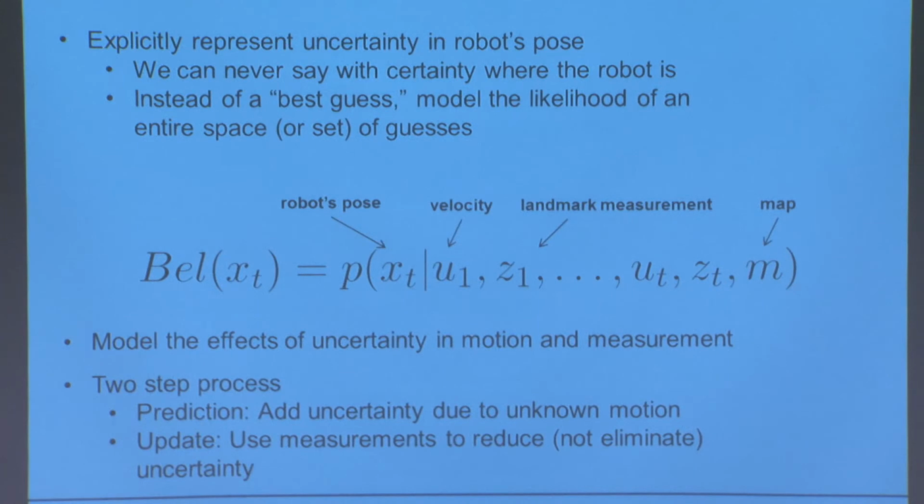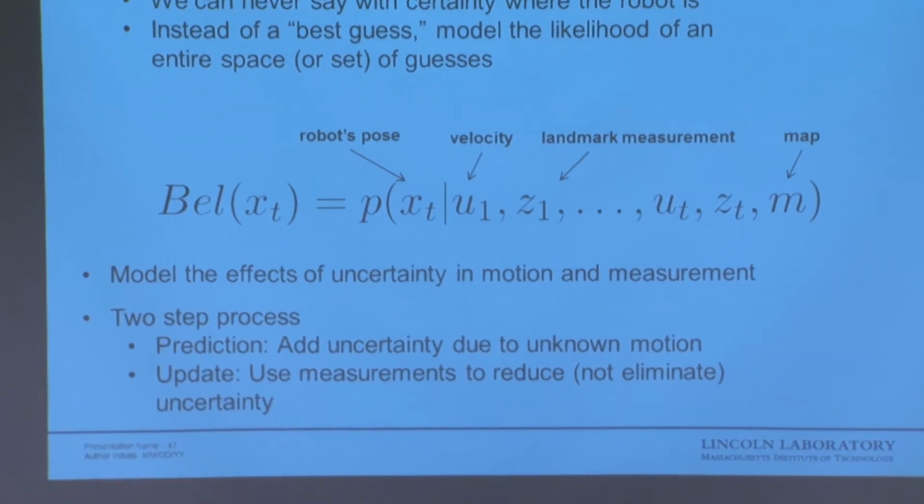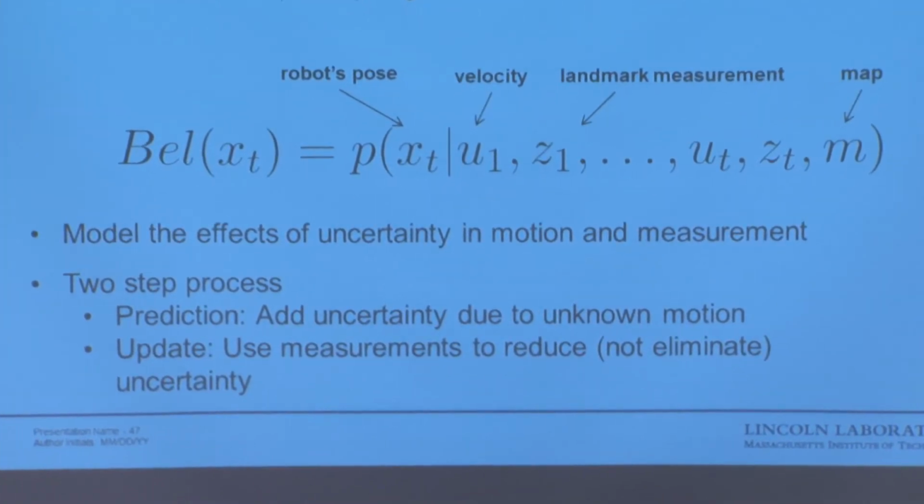So that function is called a belief function, so it's the belief over our state space x of t, our state space at time t, x of t. And then the part of the equation on the right is really just saying that our belief in our robot's current position is a factor of our robot's velocity as well as its previous position, the measurements that we make, as well as the map itself.